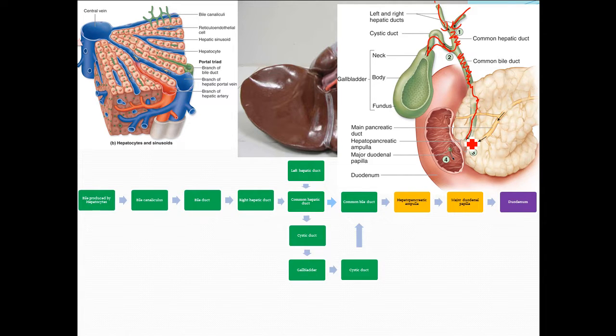Common bile duct will fuse together with the main pancreatic duct here. They will end up forming the major duodenal papilla here, and they will end up going to the duodenum.